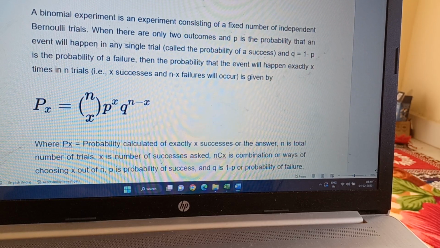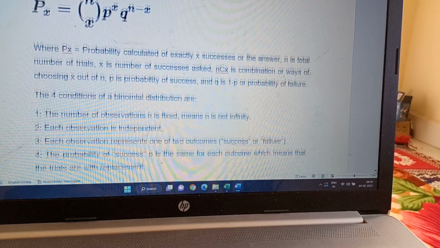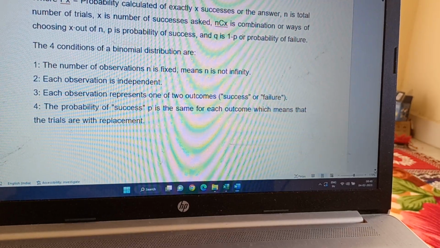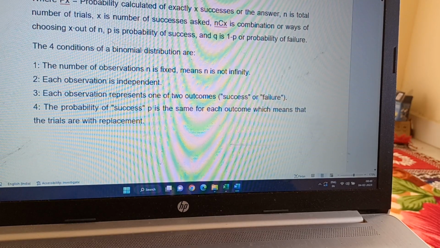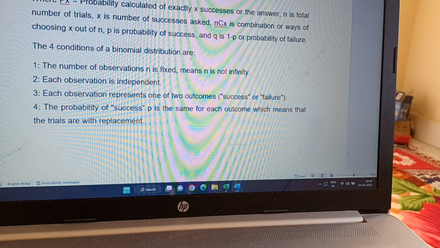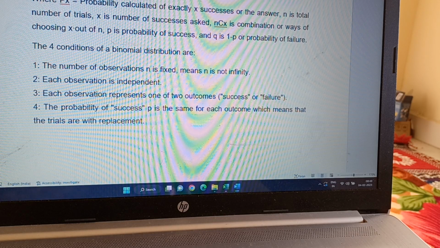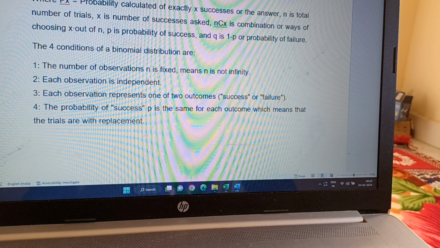So what are the properties that make it a binomial distribution? The conditions are that the number of observations n is fixed, meaning n is not infinity. The second condition is that each observation is independent, meaning the trials are with replacement, in other words, the probability is constant.